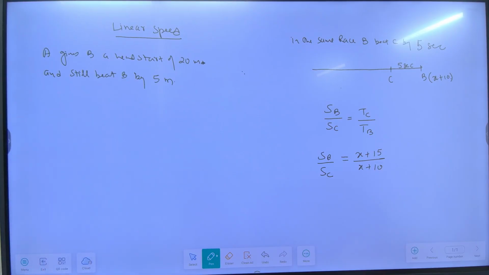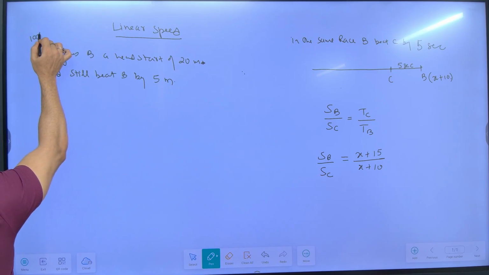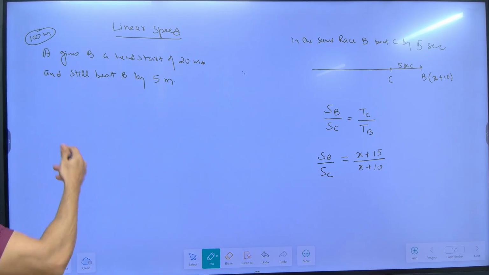That means A is asking B to stand 20 meter ahead of him and still beating B by 5 meter in a 100 meter race.